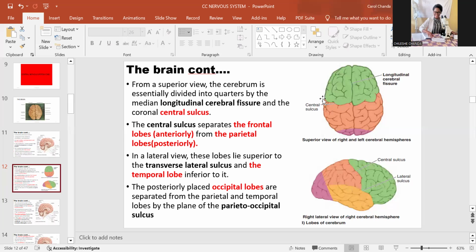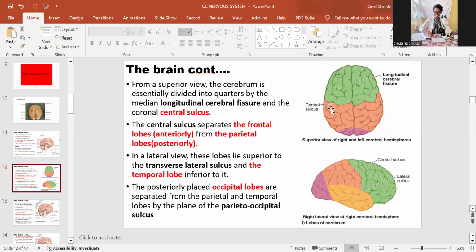However, in approximately the mid-coronal area here, you're going to have the central sulcus, okay? Therefore, we are going to say that the whole brain here is divided into four, and those are quarters. There is this quarter here, this quarter here, this quarter here, and this quarter here.